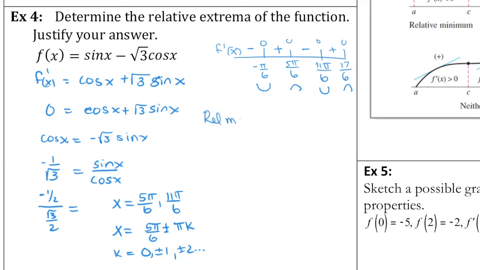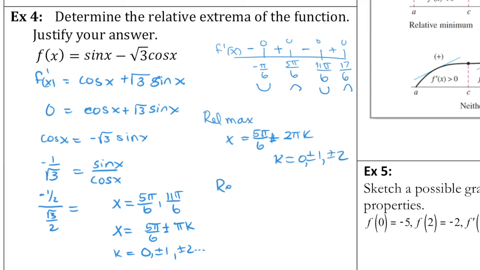You will have relative maxes when x is equal to 5 pi over 6. Notice it's skipping every other one. So plus 2 pi k, where k is equal to 0, plus or minus 1, plus or minus 2.